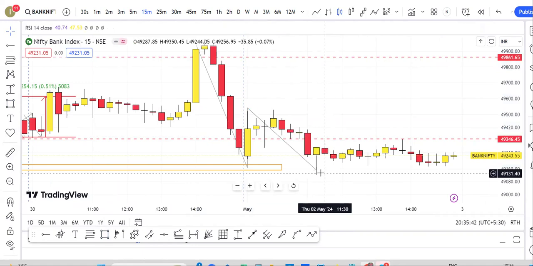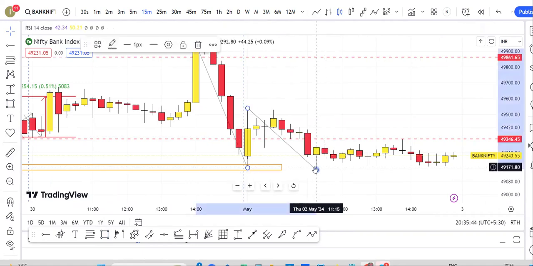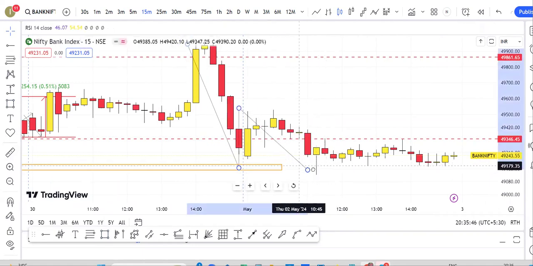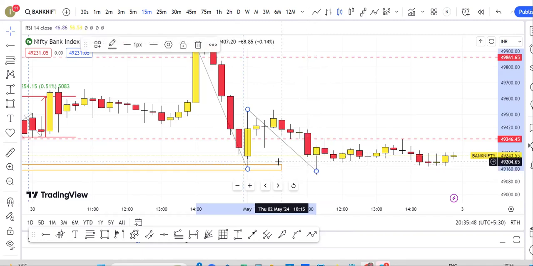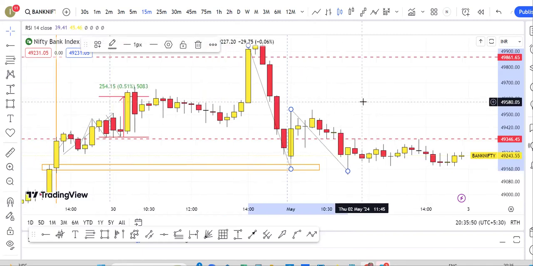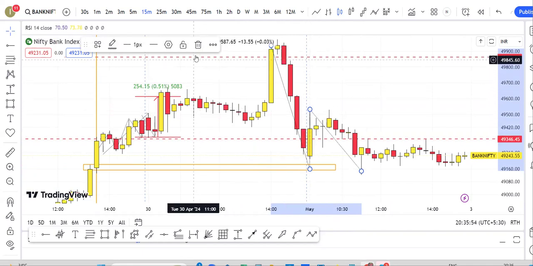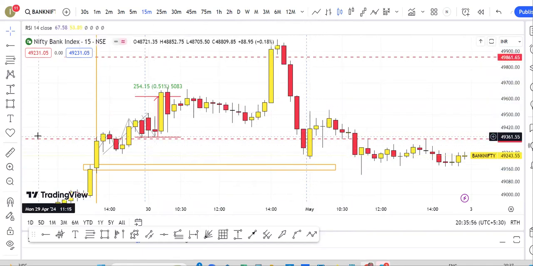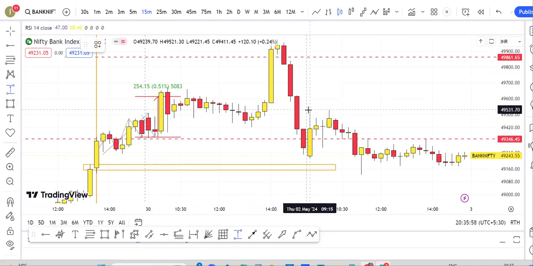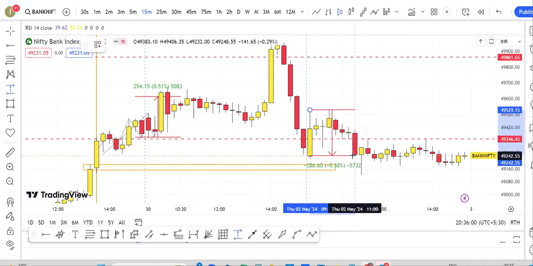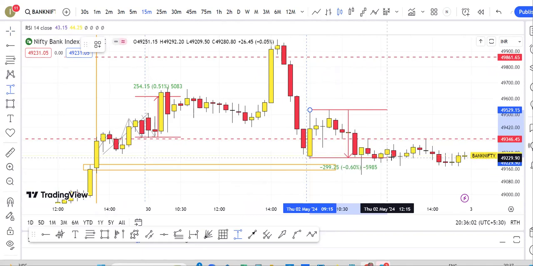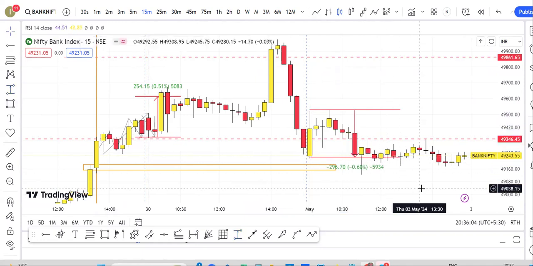You couldn't have taken a trade today, but even in spite of that, you could have taken a trade. So it is an opposite direction trade. So how much can you expect? First candle, you measure from here, 286 points.